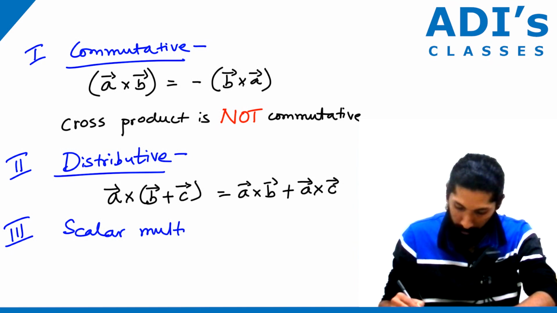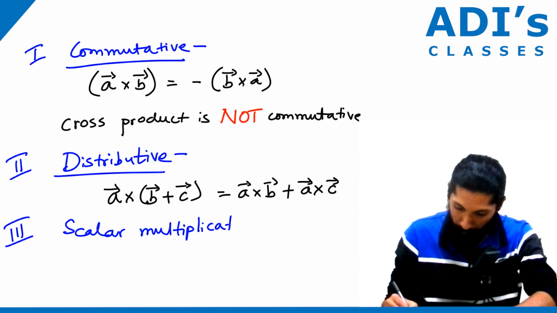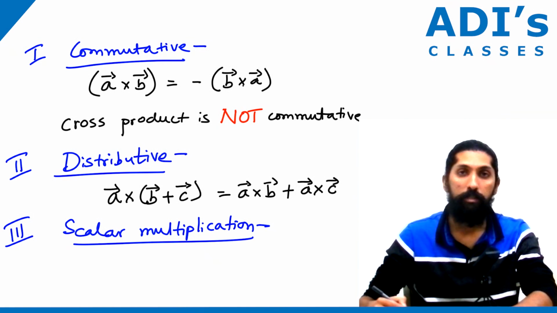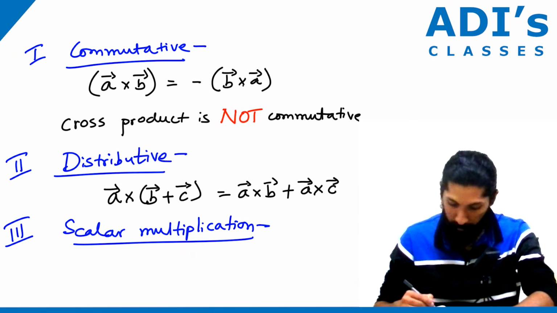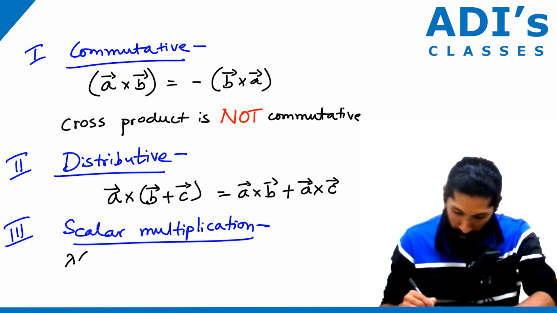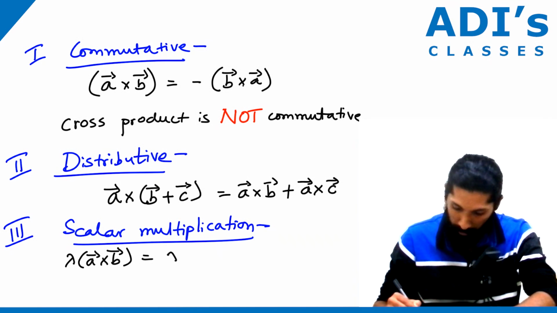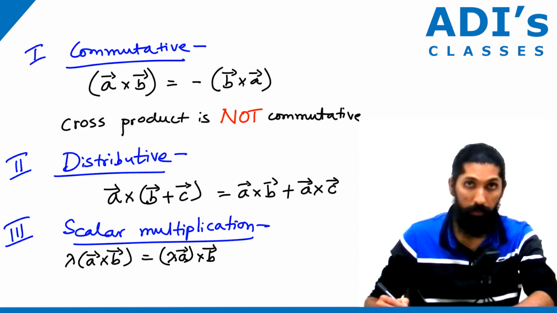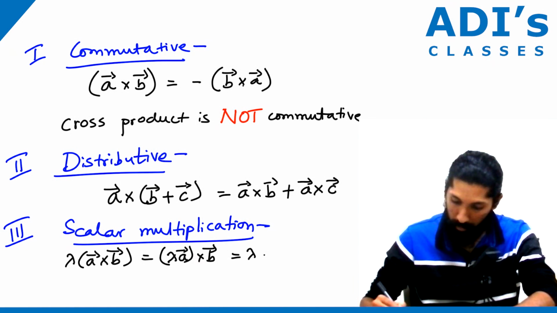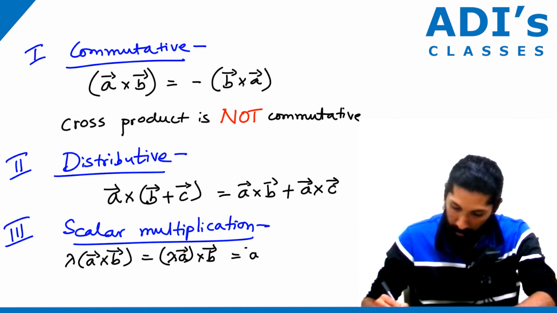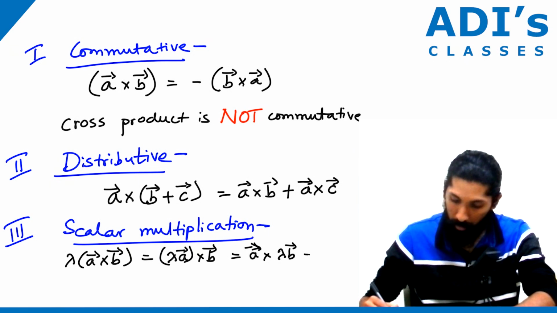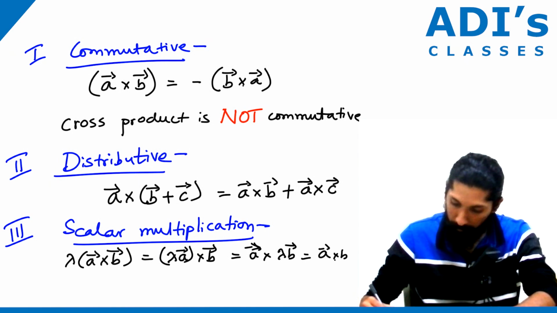Scalar multiplication. In the sense, suppose you have lambda into A cross B, this is equal to lambda into A cross B, this is one, or, sorry, just A cross lambda into B, or A cross B whole thing into lambda.